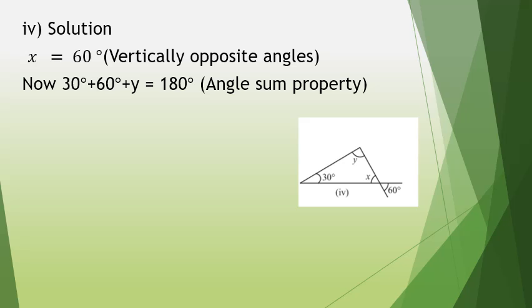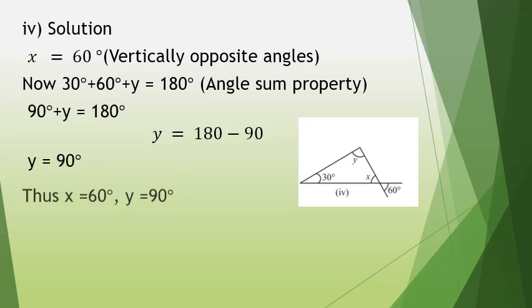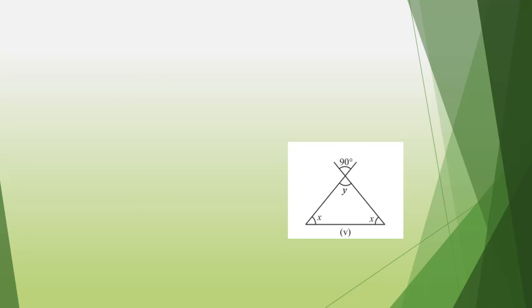Now substitute the value of x. We get 30 plus 60 plus y equal to 180 degree, or 90 plus y equal to 180 degree, or y equal to 180 minus 90 equal to 90 degree. Hence we get x equal to 60 degree and y equal to 90 degree.